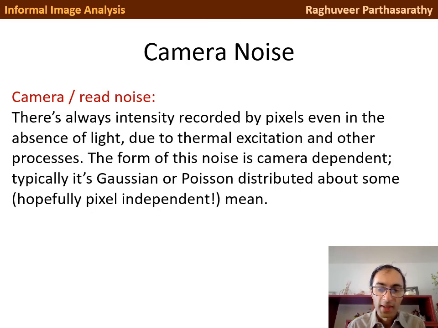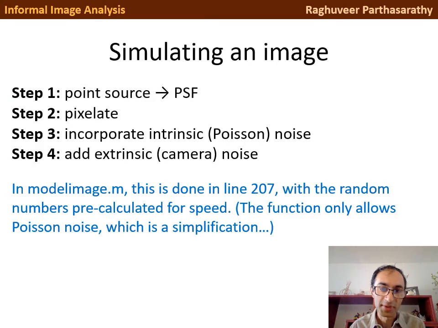Cool. Now, as I mentioned, there's another source of noise, and this one is due to the engineering of cameras, but it's still in practice unavoidable. There's always intensity at pixels, even if you have no light shining on your camera at all, due to things like thermal excitation and other sorts of processes. Now, the form of this is camera dependent, and it can actually be rather complicated. Typically, it's considered as Gaussian distributed or Poisson distributed noise about some mean, and so you can add that on as an extra noise source.